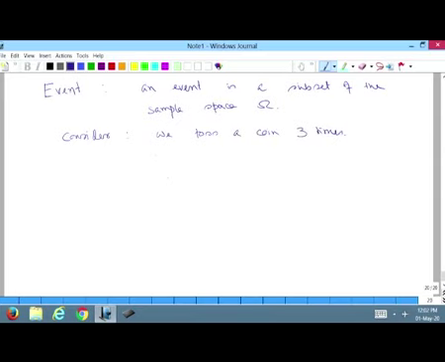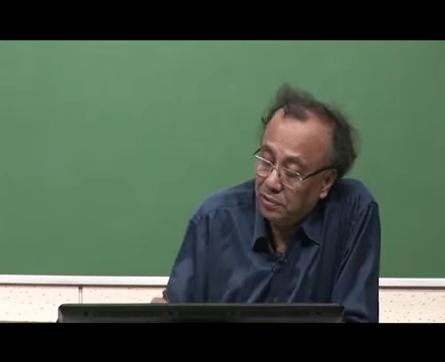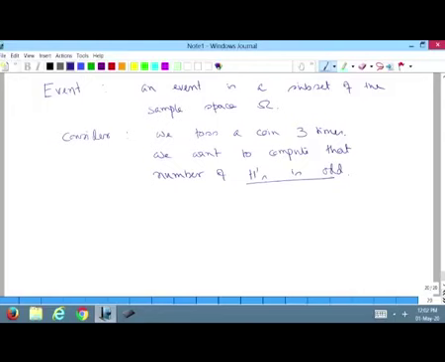And we want to compute the probability that the number of heads is odd. We have seen that there are 8 possible outcomes, of which we are looking at those where the number of heads is odd.